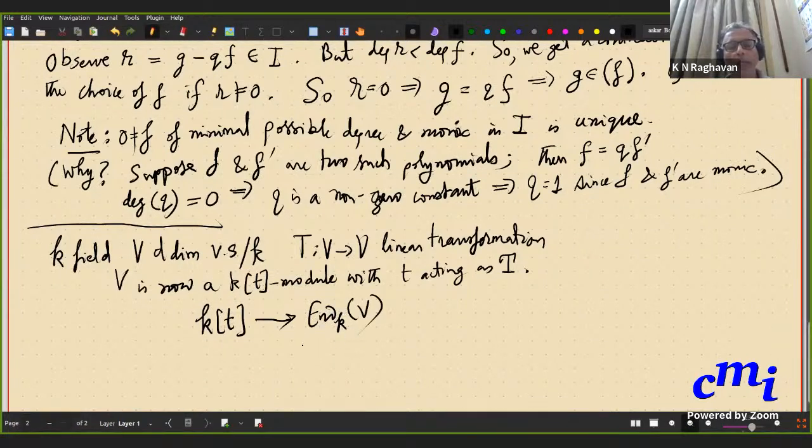Right? So can I ask you a question? What's the dimension of this ring? It's actually a vector space over K, and it's a finite dimensional vector space. What's the dimension of that ring as a vector space over K?